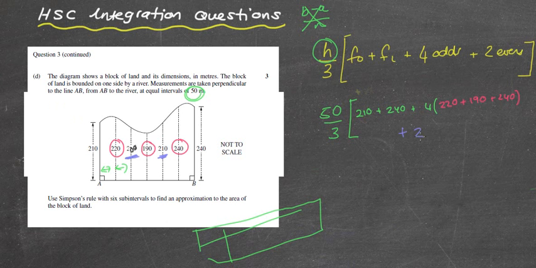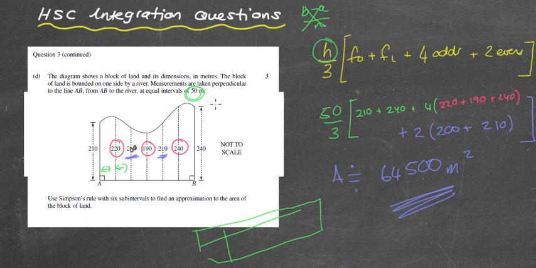So plus 2 times my 200 plus 210. And then it's a matter of putting that into your calculator. If I do that, we get 64,500 meters squared. And that's an approximate area. That's why I've used approximately equal to.